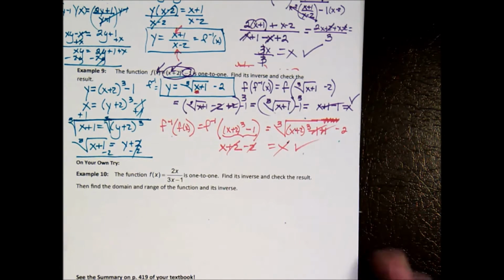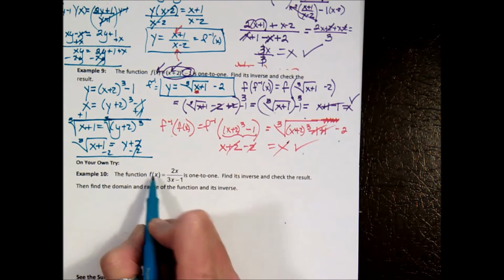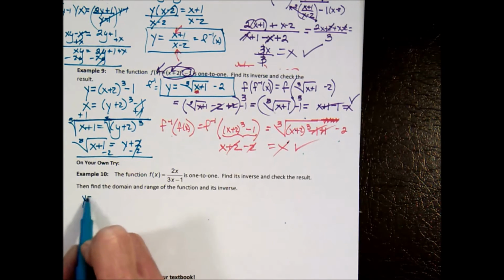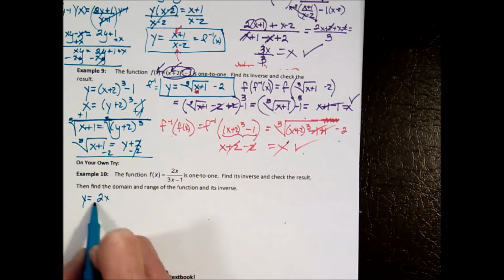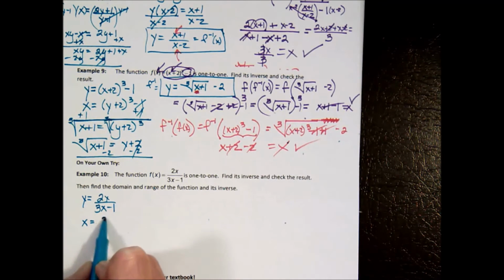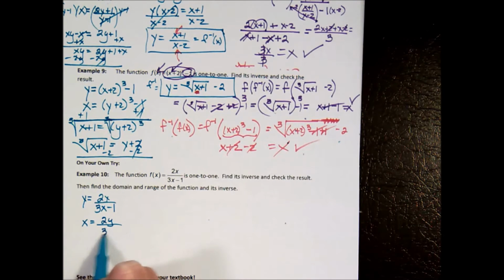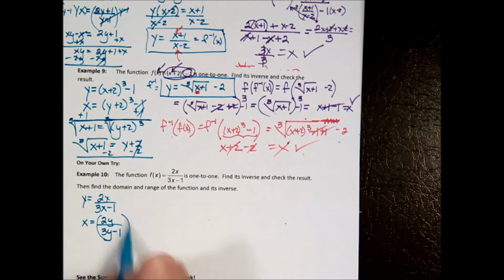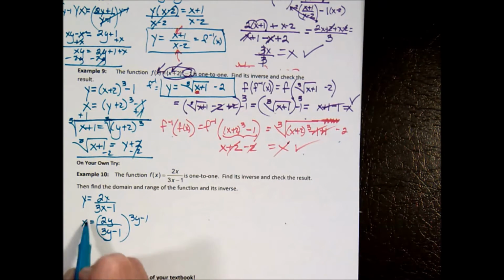So let's check. You should have replaced y equals 2x over 3x minus 1. Switch them. X equals 2y over 3y minus 1. Multiply by the LCD, 3y minus 1. Distribute here.